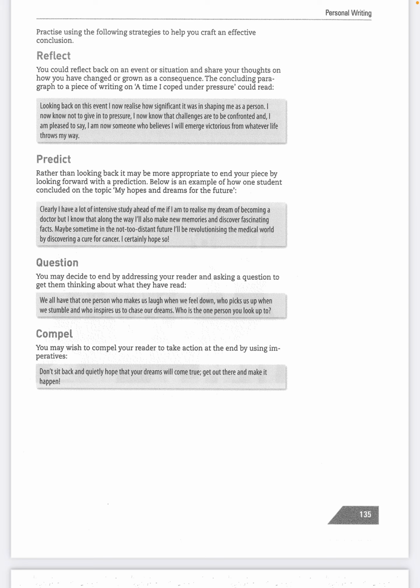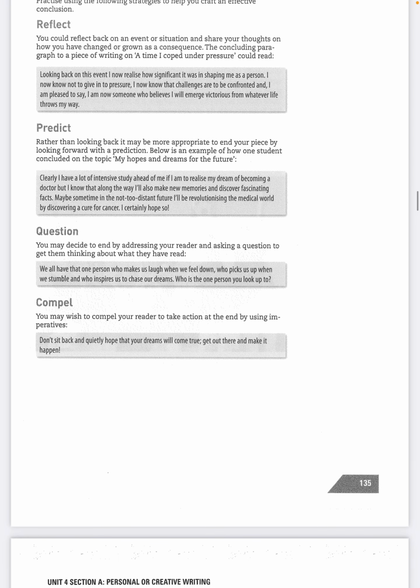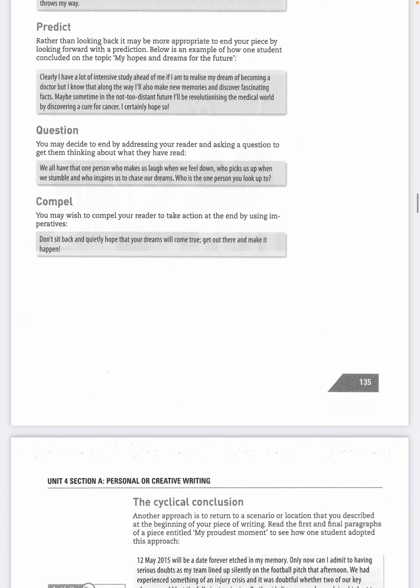Practice using the following strategies to help you craft an effective conclusion. Okay, so you have 4 strategies here. Reflect on what happened in this personal writing. Predict, okay, what may happen in the future. Question, posing a question to the reader and prompting them to think about what they've read.